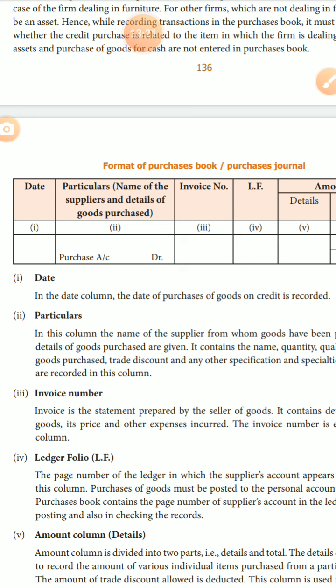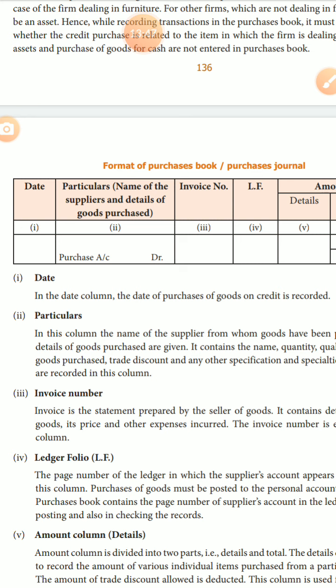Next one, amount. You enter the top column, amount, divided into details and total. The amount column is divided into 2 parts, that is details and total.